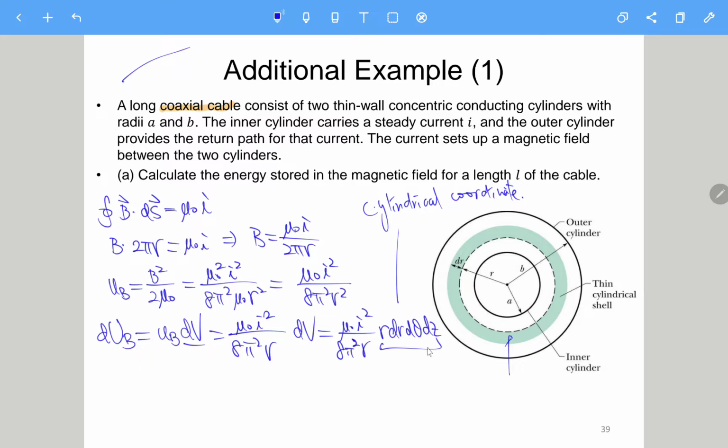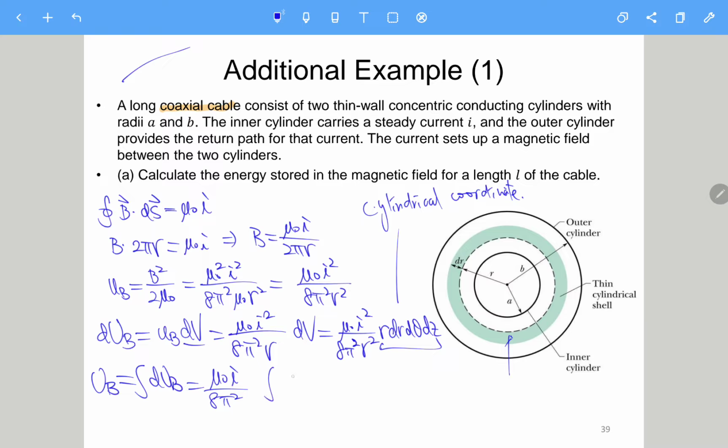So here we can calculate the total U_B with the integration. Mu 0 I squared over 8 pi squared are all constants, and then here we have r squared, cancelled with this r, so that it becomes 1 over r.